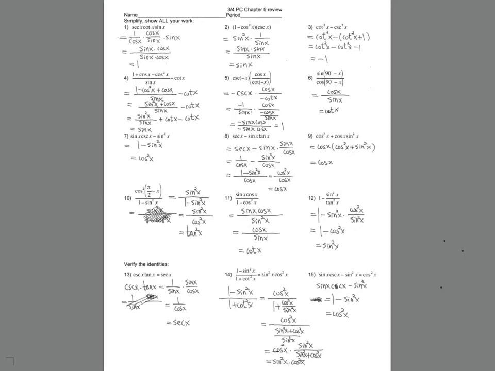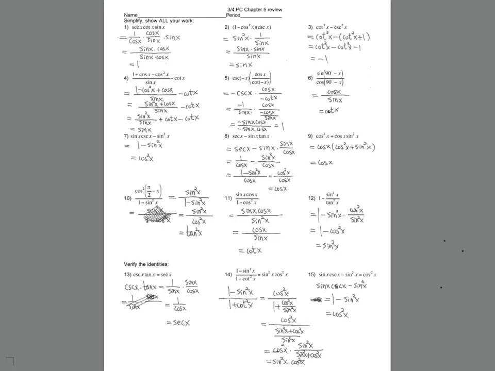So that turns into sine square x divided by 1 minus sine square x at the bottom. And 1 minus sine square x is exactly the same as cosine square x. So this is sine square x over cosine square x. And we know that sine over cosine is the quotient identity for tangent. So that's basically representing tangent square x.